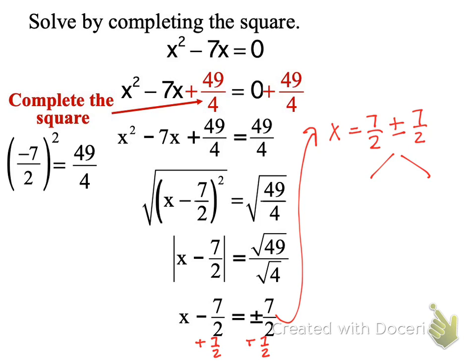Now that is two different problems: 7 over 2 plus 7 over 2, and 7 over 2 minus 7 over 2. It's 14 over 2, which is 7. And this would be 0. So my solutions are 7 and 0. Got it?